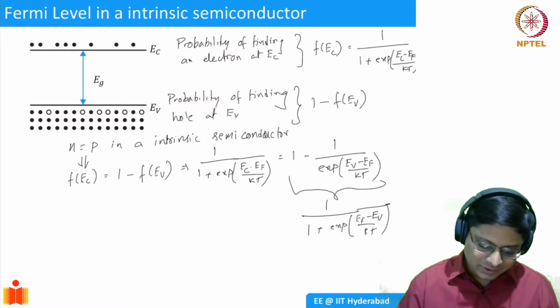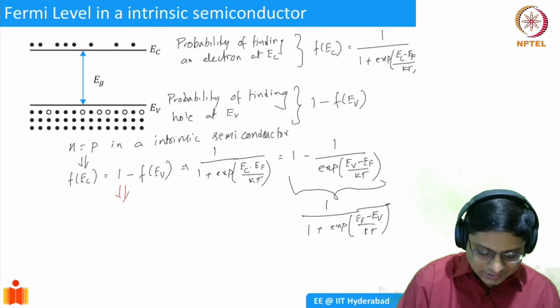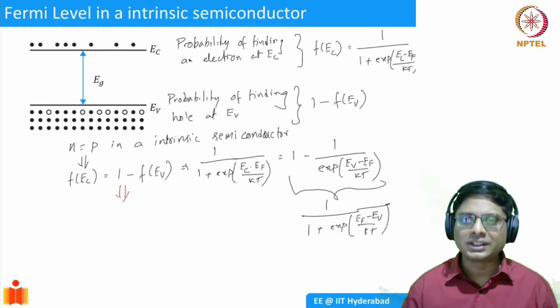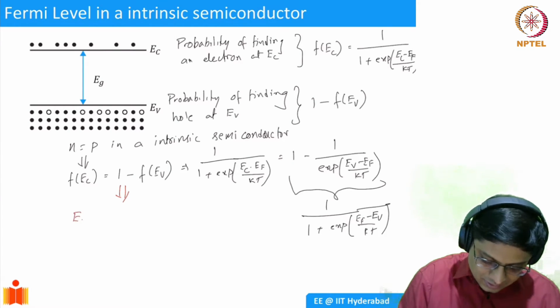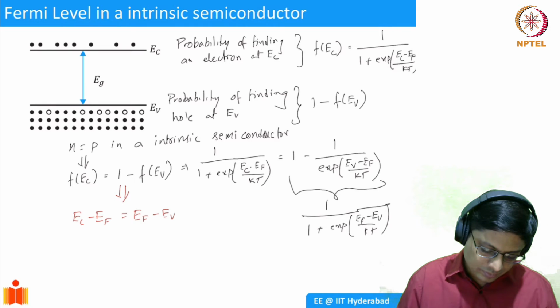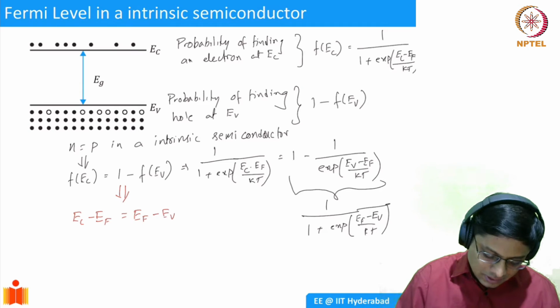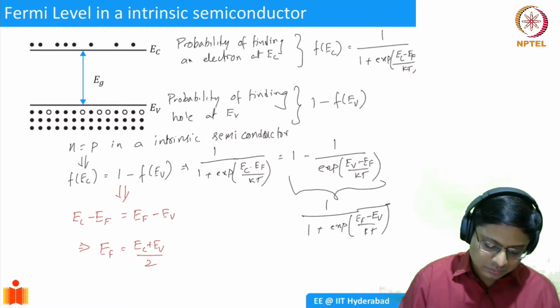So what this relation is telling us is that the parameters in the exponential should be equal. So that means EC minus EF should be equal to EF minus EV. Just rearranging it, that implies EF equal to (EC plus EV) by 2.